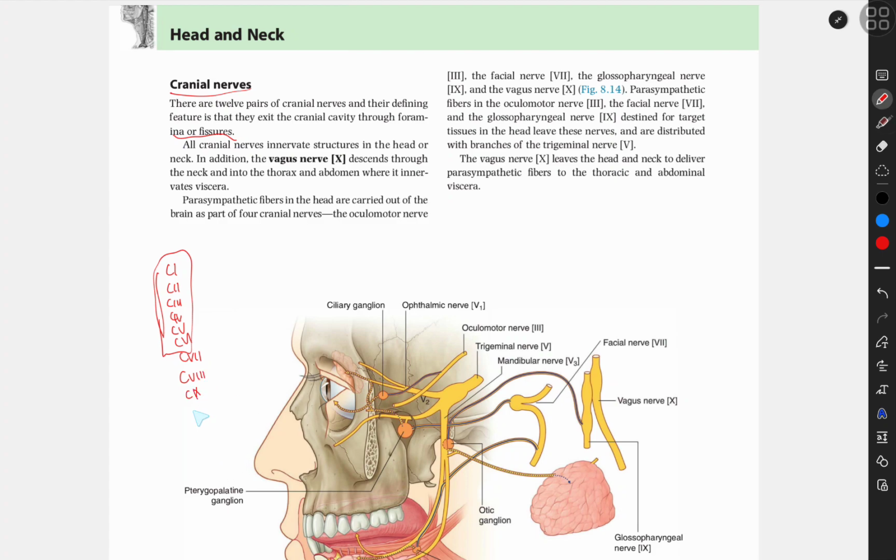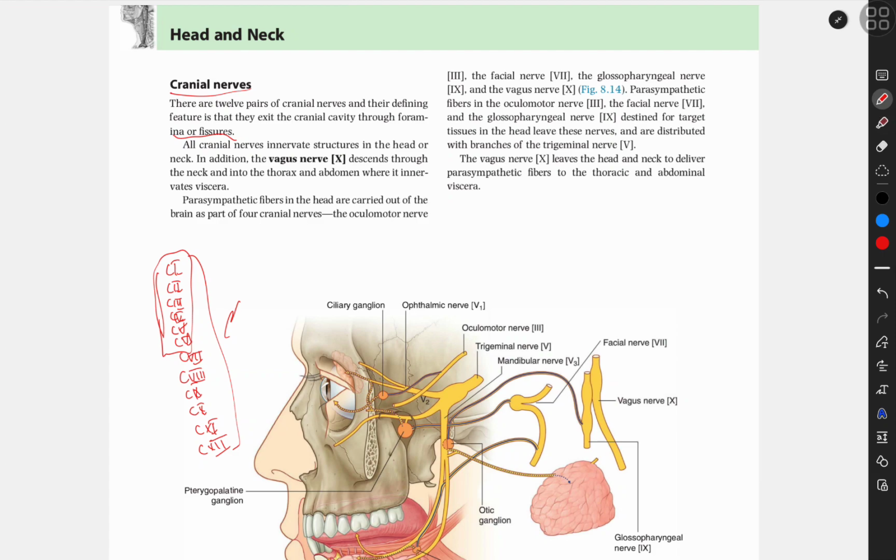8, 9, 10, 11, and 12. So just rote memorize this stuff and you'll be fine. It's very important, since they ask questions about this.